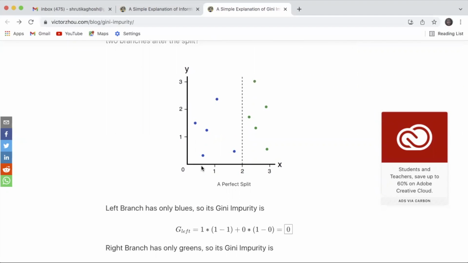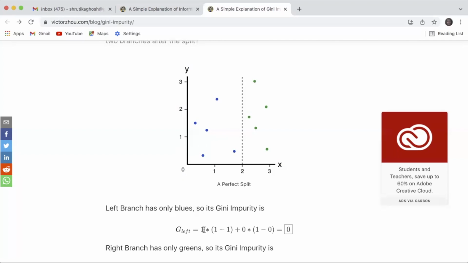Here again we are putting in the same formula. Now if you just take these 5 balls, in this the class is going to be 1. The probability of picking a blue ball out of this bucket is going to be 1.